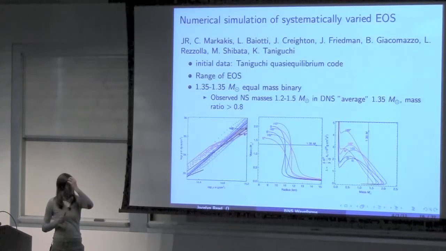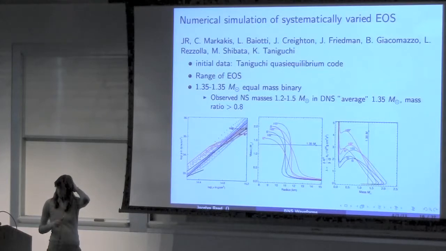I think the observations of actual neutron stars in binaries have very slow spins, like a second or something like that. Do you? Up to milliseconds. Yeah.